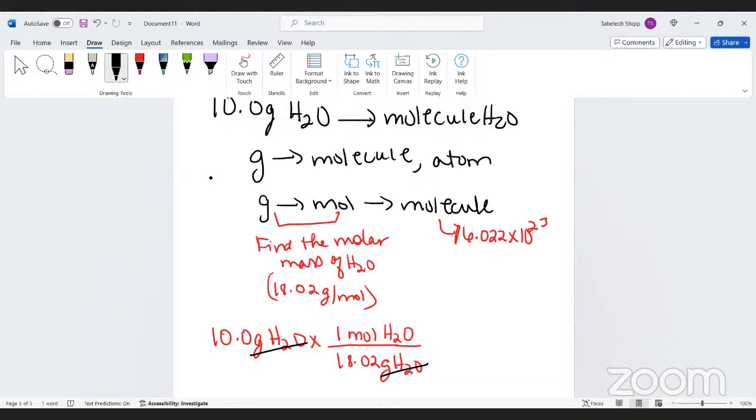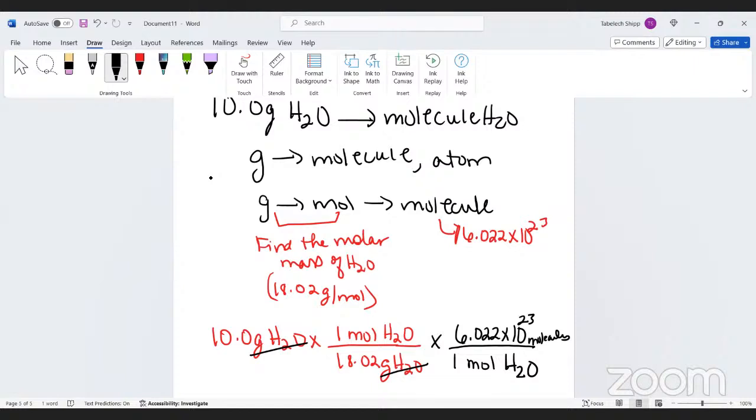Now you're left with moles, but you're not done because you have to convert that to molecules. On the bottom, I'm going to put 1 mole of water is equal to Avogadro's number, and I'm going to put molecules. That's a little sloppy, the way I wrote that, but that's molecules squeezed in over there.